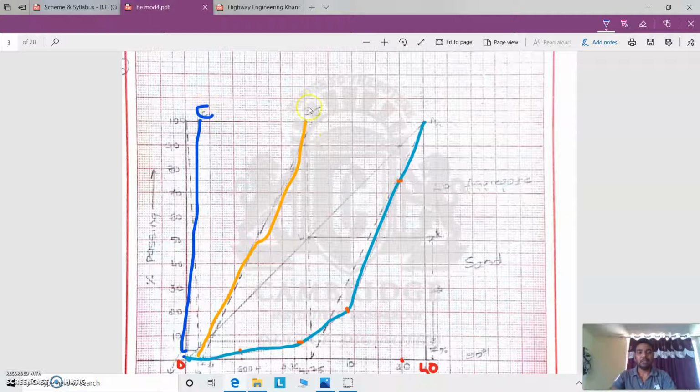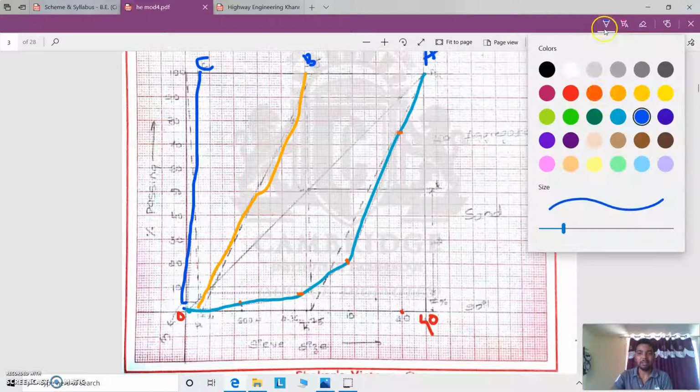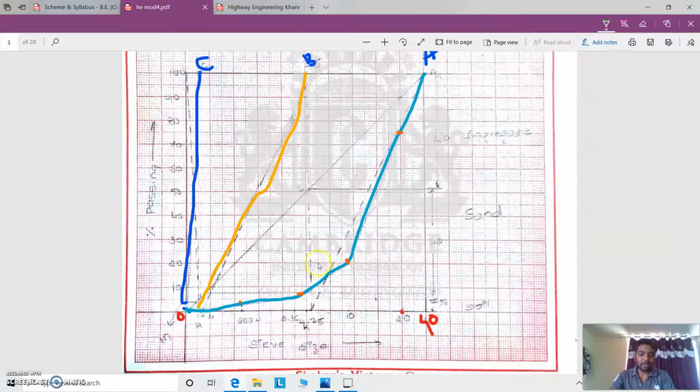Here we have material C, here material B, and here material A. Once we plot this graph, the second step will be the balanced line. The balanced line for this is considered here.